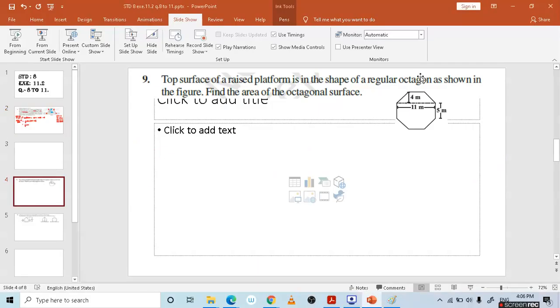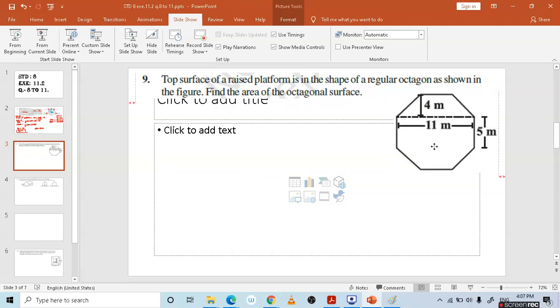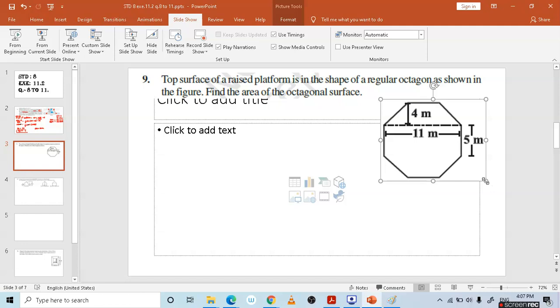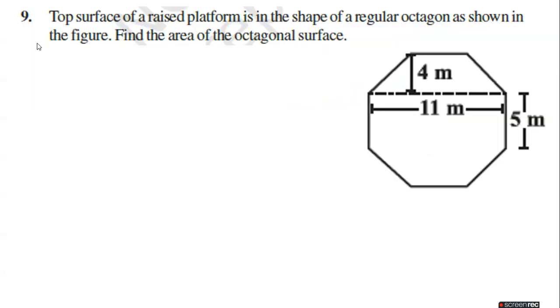Let me make this figure bigger so that maybe some ideas can spark in your mind. Now, see here. In short, this figure is given here as you can see, and its area we have to find.